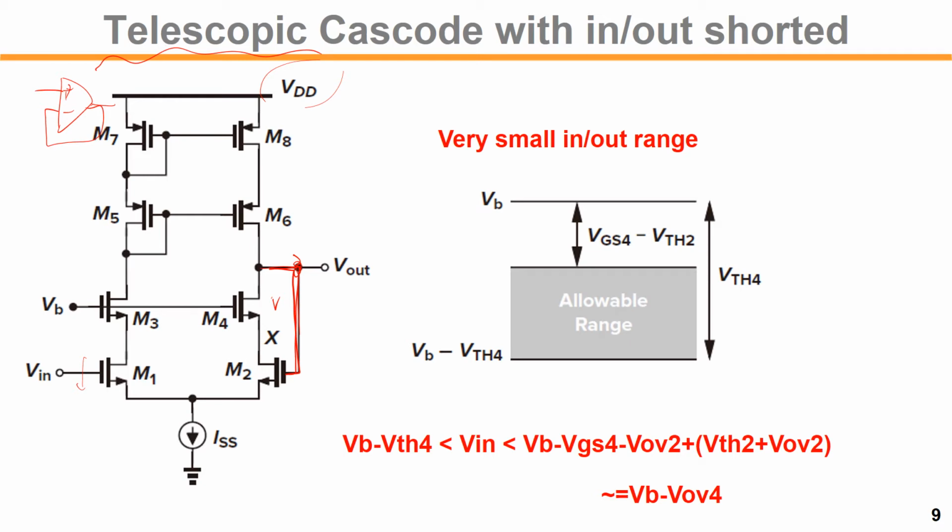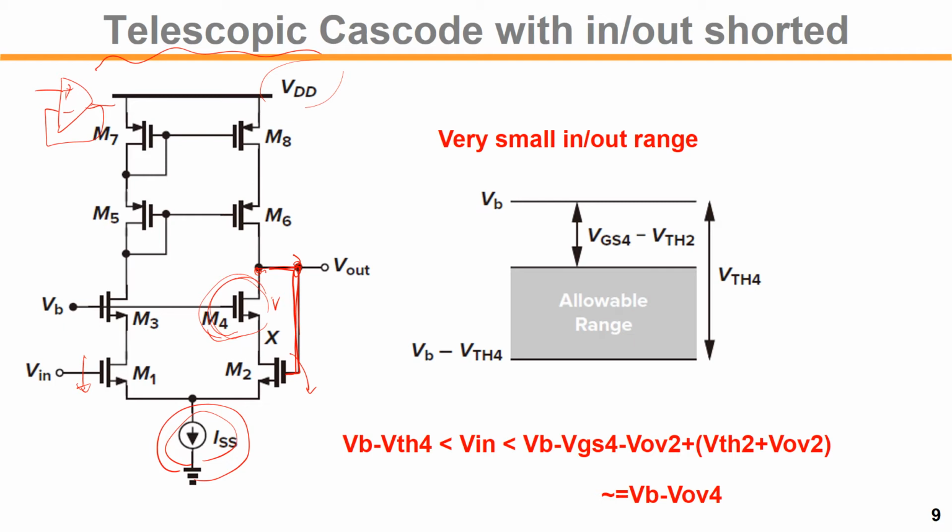One is that if this input goes down and the output goes down, the bottom transistor may be pushed into triode region. But there's one more thing to consider: the M4 is also being pushed into the triode region because the drain of the M4 is going down. So even before this current source gets to the triode region, the M4 will get to triode earlier.